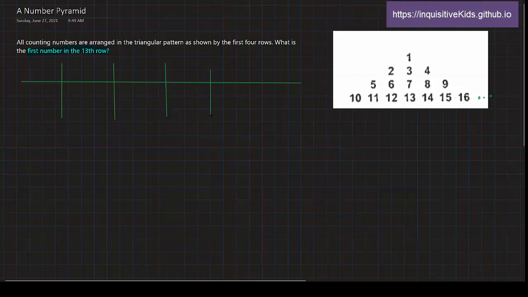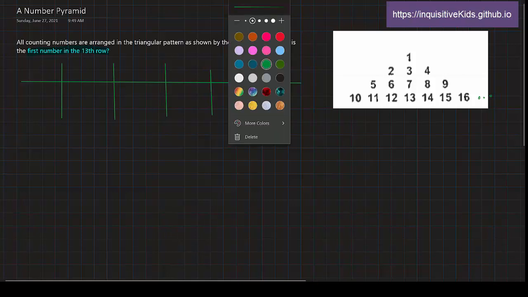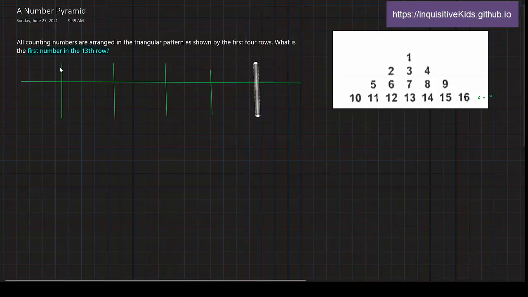For example, in the first row, there's one number. In the second row, there's three numbers. And in the third row, there's five numbers and so on. So I just want to see if there are any possible things we could add there. By the way, this is row, this is terms. A term is just one of these numbers. This is one term.